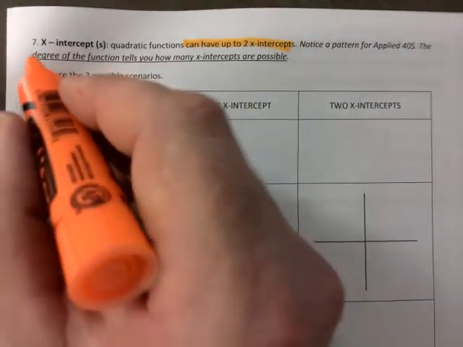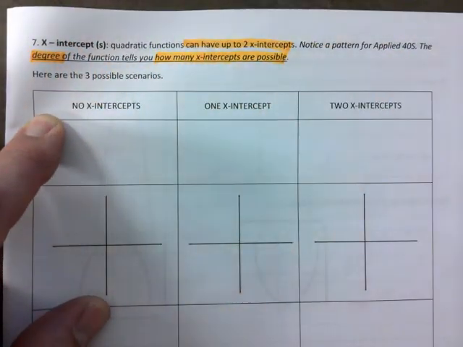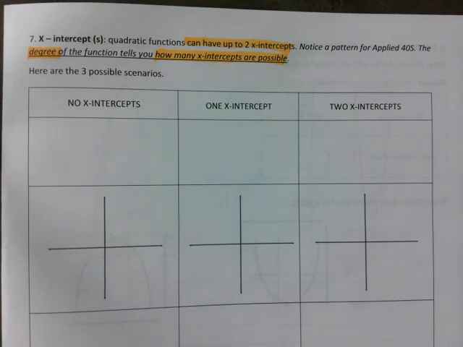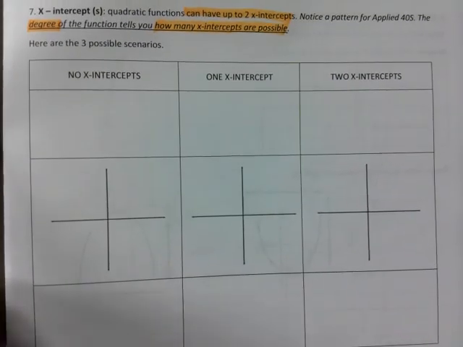The degree of the function tells you how many x-intercepts are possible. So what are you going to do next year? Cubic, degree of 3. So you're going to have up to 3 x-intercepts possible. So that's a pretty neat pattern to see. So you can tell them I spoiled it for whoever's teaching it next year.